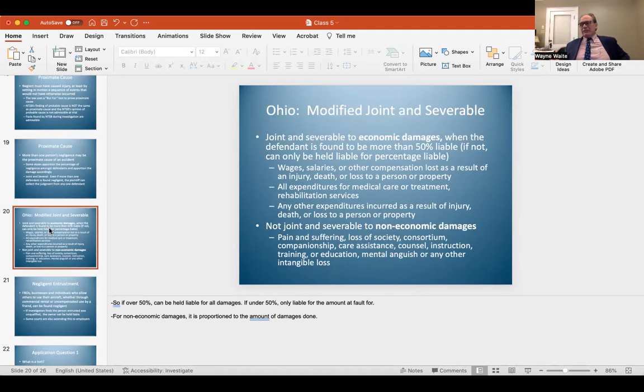Pain and suffering, loss of life, loss of a limb, and heartbreak are not economic damages, and that's the exception there. So if it's over 50%, you can be held liable for all damages. Under 50, only for the amount that you are in fault for. And for non-economic damages, it's proportionate to the amount of damages.